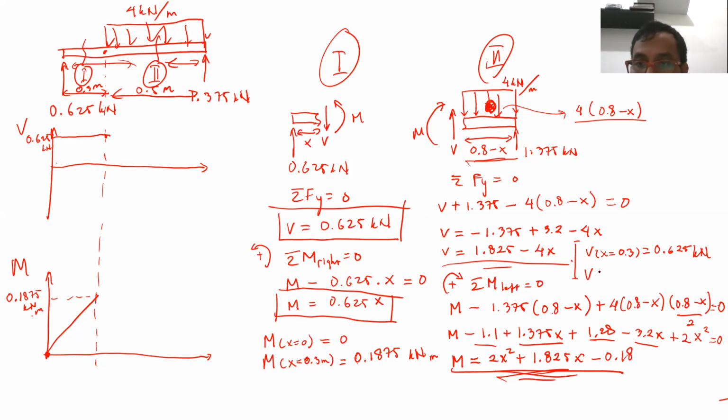There will be no drastic change. And then phi at x equal to 0.8 is supposed to be 4 multiplied by 0.8, 3.2.